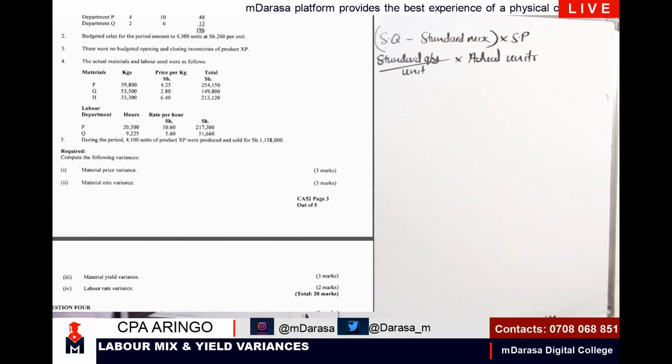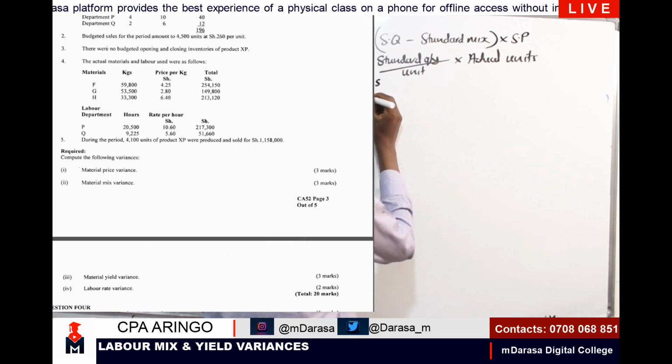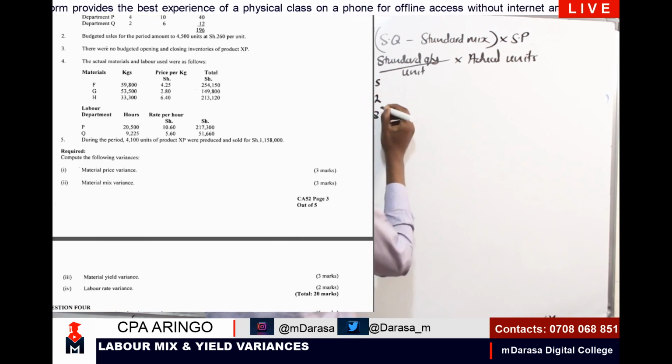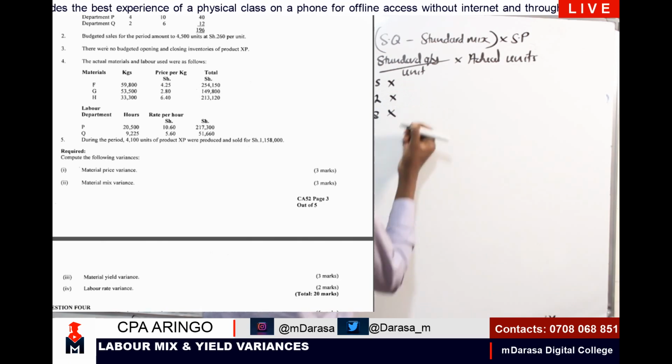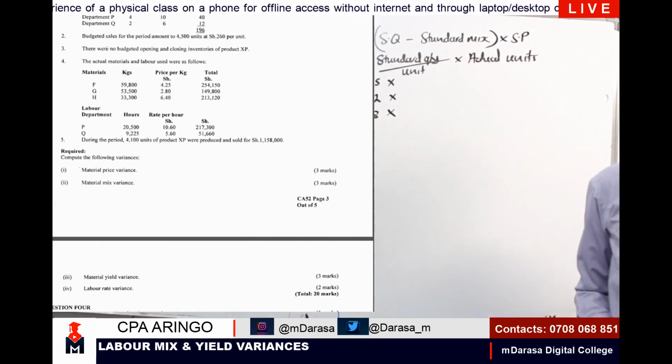Clearly you can see we had 15 kgs for F, for G we had 12, and H we had 8. So we are talking of 15, 12, and 8 times our actual units. What is our actual units?